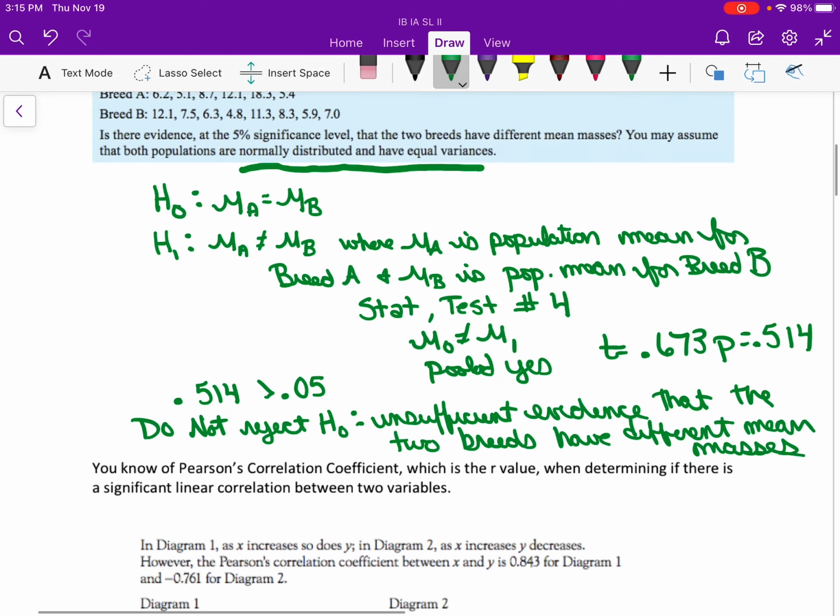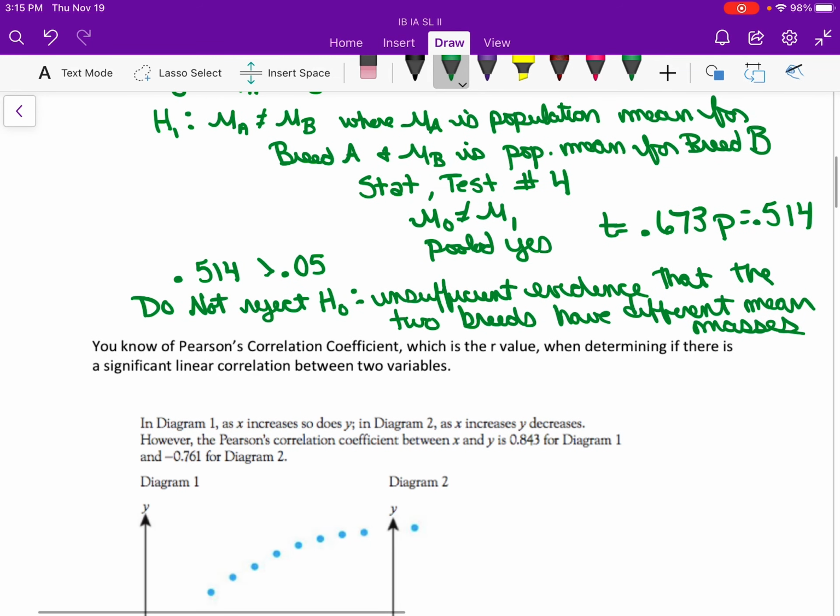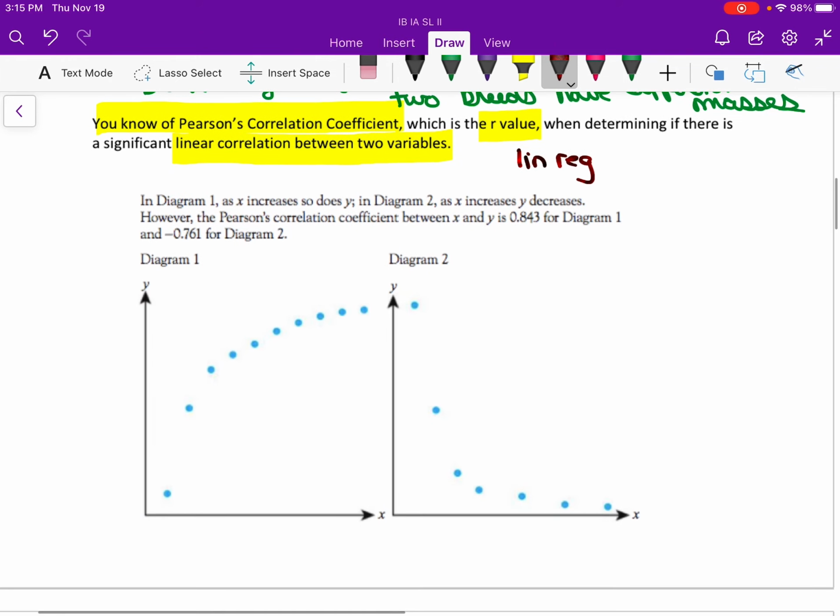All right, so previously you know of Pearson's correlation coefficient, which is the R value when determining if there is a linear correlation between 2 variables. So that's the whole linear regression thing on your calculator. You might remember that. In these diagrams, diagram 1 is as x increases, so does y.